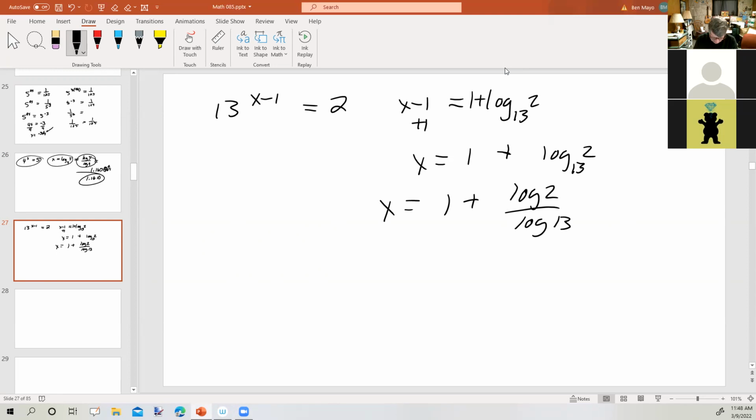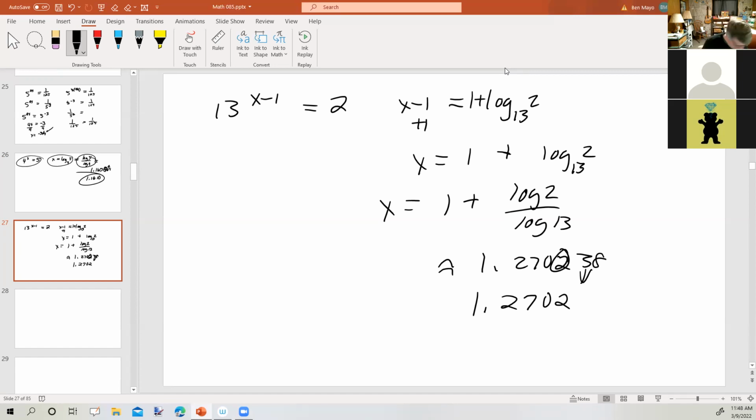So 1 plus log of 2, close it up, divided by log of 13, using base 10 in both cases. And I get 1.270238. To 4 places, the 3 would round down, 1.2702. Any questions about that problem?